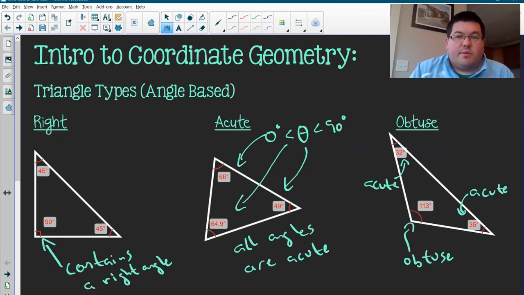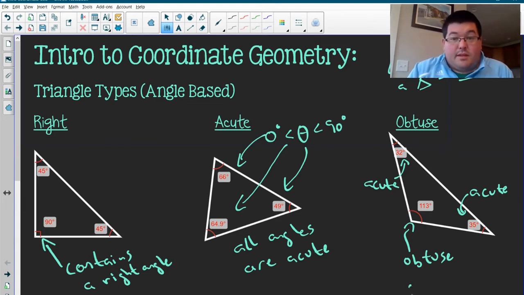Because anything that's bigger than 90 plus anything bigger than 90 is going to be bigger than 180 degrees. And by definition, right, the angle measures of a triangle always add up to 180 degrees.